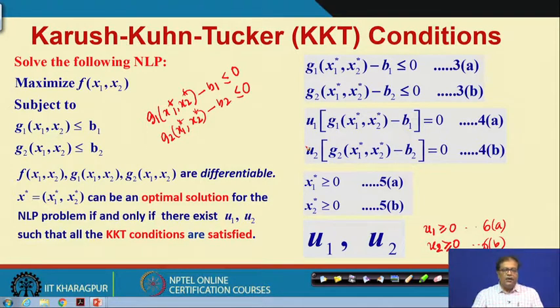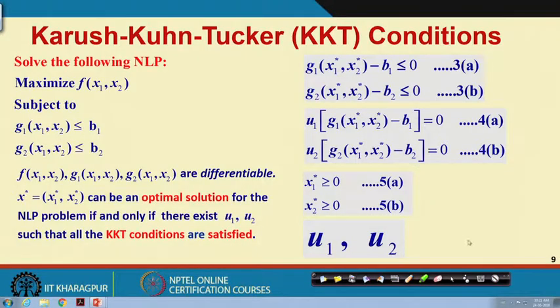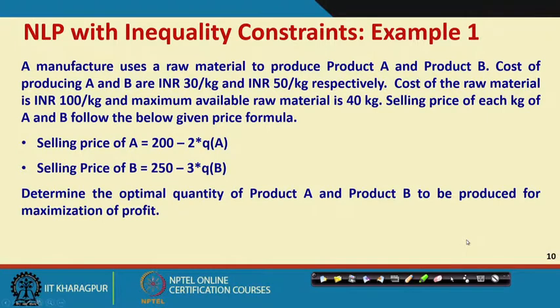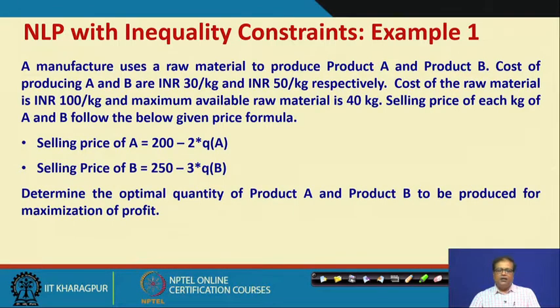Now, let us look at a particular problem and see how the optimal solution can be obtained by making use of the KKT conditions, right. So, let us take this problem. A manufacturer uses a raw material to produce product A and product B, right.